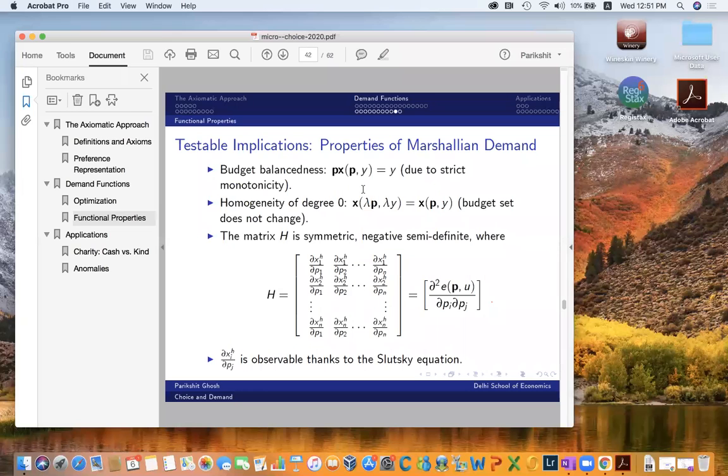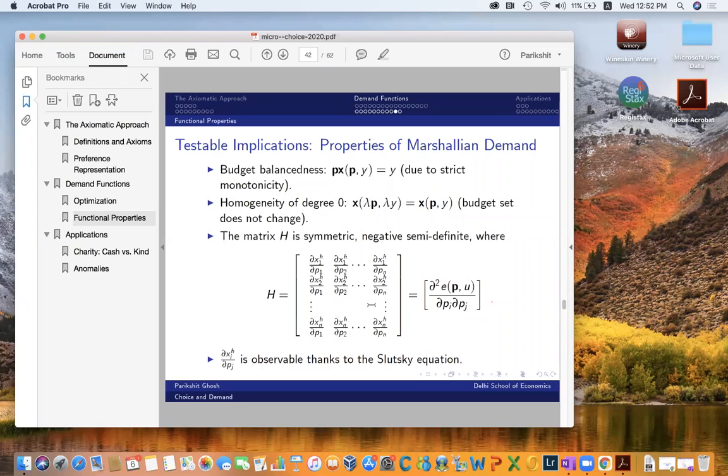Let's get to the issue of what are the testable implications, as I said, right? The first two are pretty trivial, right? There has to be budget balancedness because all the income will be exhausted. There's no wastage. That's a straightforward implication of utility maximization. And the demand functions are homogeneous of degree 0. Let me get to the important thing.